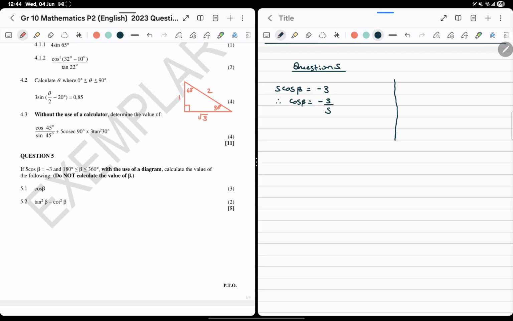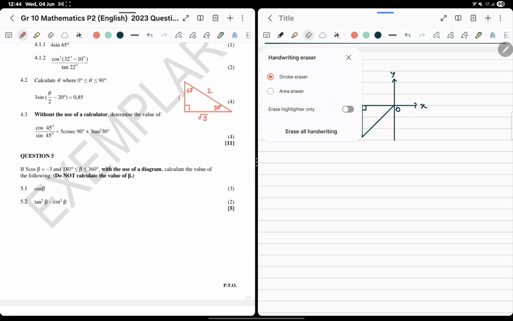And we know that with these kinds of questions, we will always need the Cartesian plane. This is the origin. And our terminal arm should be here for cos, because in the fourth quadrant, cos is positive. So we cannot think about it. We want where it is negative.